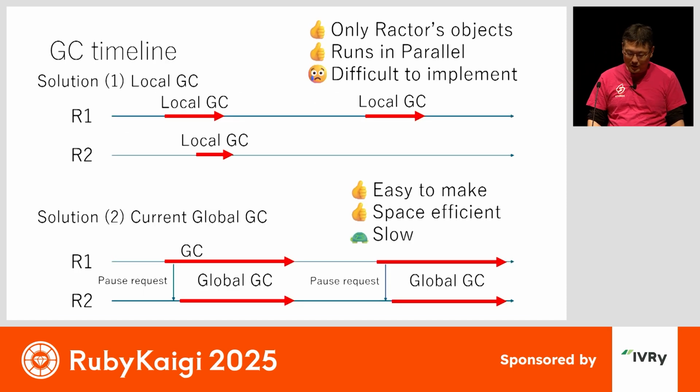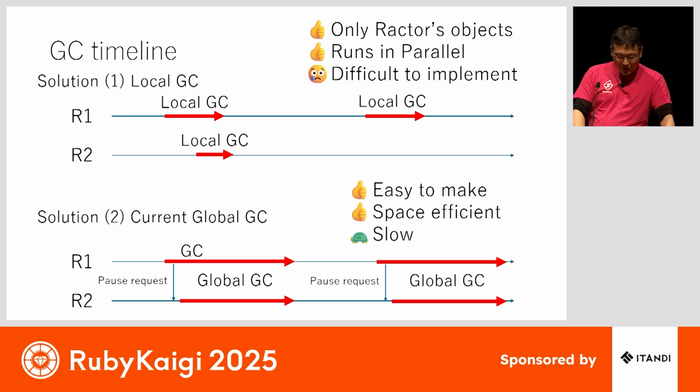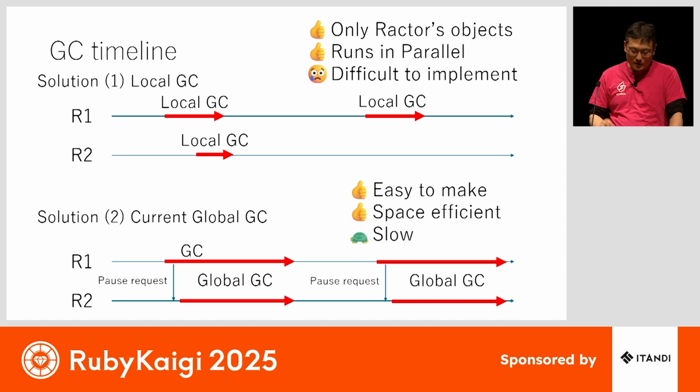So this slide compares the timeline of the two GC strategies: solution one, local GC, and solution two, the current global garbage collector. In local GC, each Ractor runs the garbage collector independently, and that allows GC to run in parallel. But as we've seen, it's difficult to implement. In contrast, the current global garbage collection, solution two, stops all Ractors.